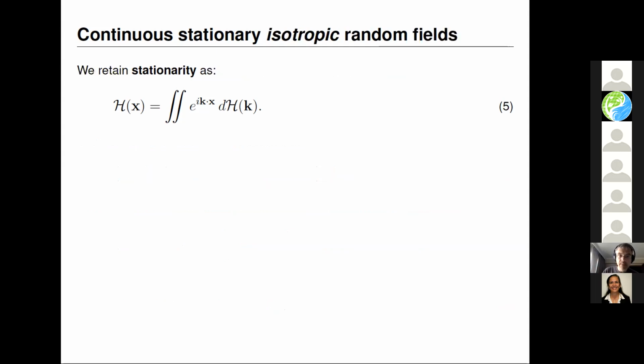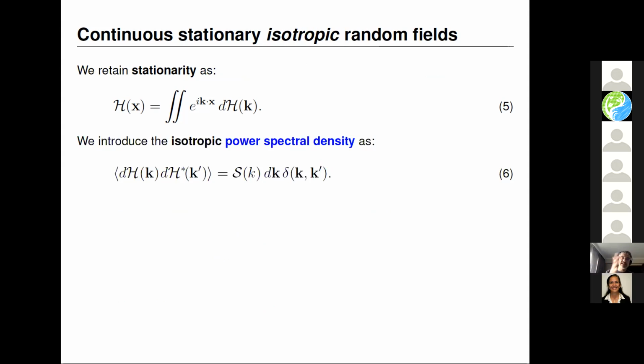Now, if it's isotropy, and much of it isn't, and much of our interest lies in going beyond it, but let's just go to isotropic processes here. Our definition of that is, of course, that it's directionally invariant. And so the power spectral density S gets this italic K, which is the wave number, which is the length of the bold-faced wave vector.